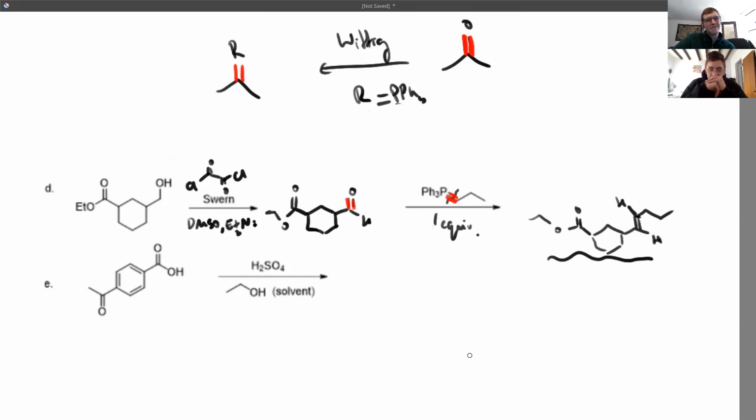Okay, let me think. So it has to have something to do with what we did here. If we're adding this double bond, nothing's gonna happen to the carbonyl carbon because it still has the same amount of bonds. Would it be the other side of our alkene here?